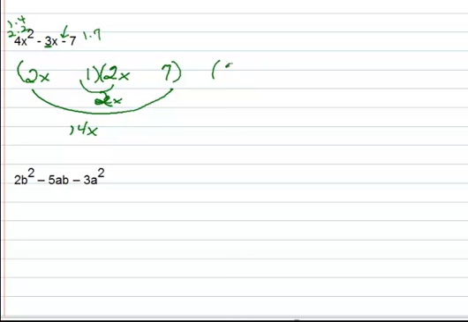So we'll try it again. There's our double paren. So we're going to put in the 1 and the 7. So we know the 2 and the 2 don't work. So now we're going to try the 4 and the 1.